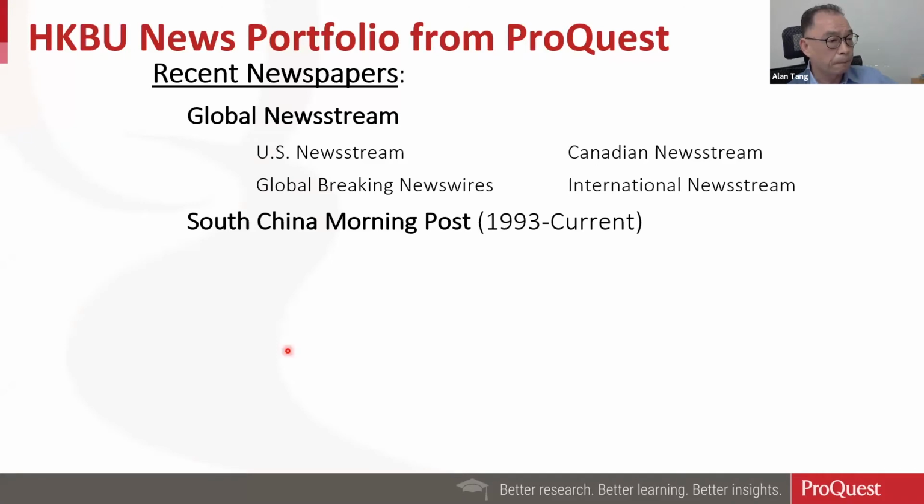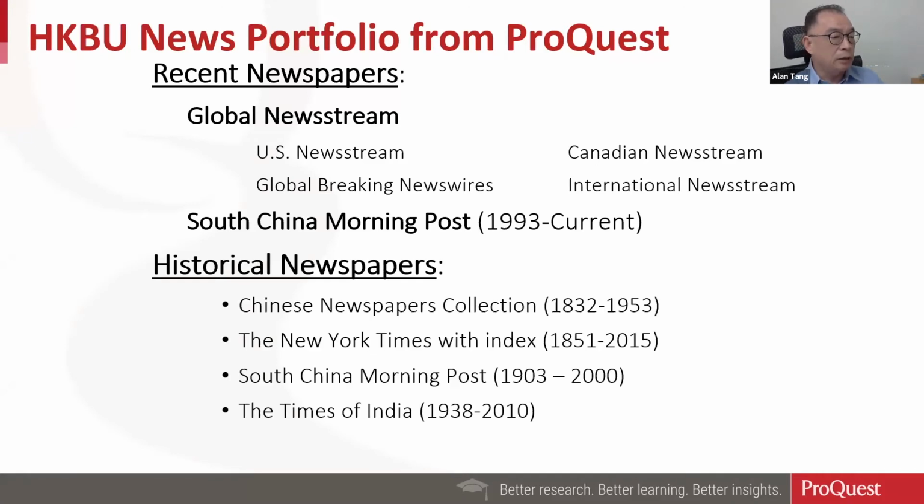Then for the historical newspapers, we have the Chinese newspaper collection, mainly published in Shanghai, but all in English. And also the very famous New York Times with Index, the South China Morning Post, and the Times of India.